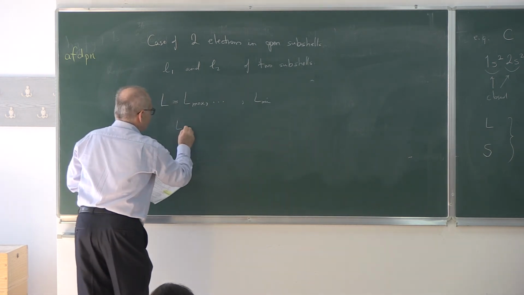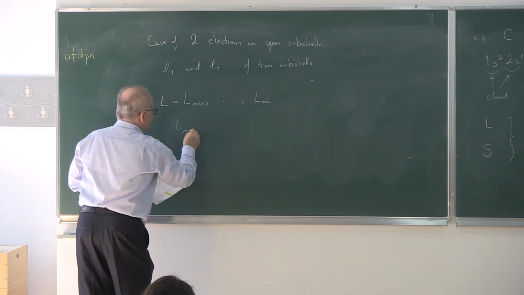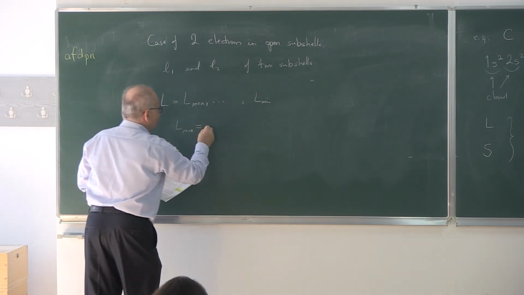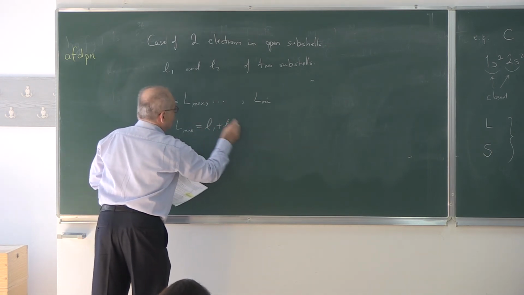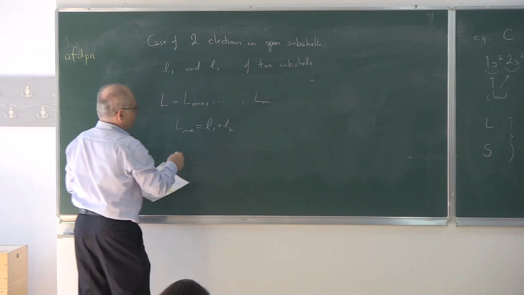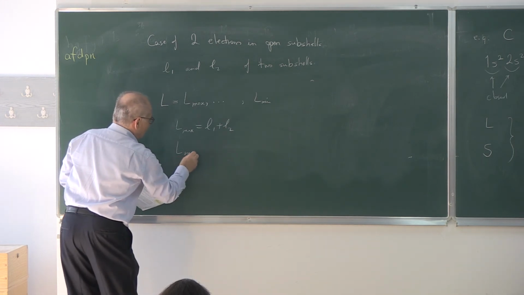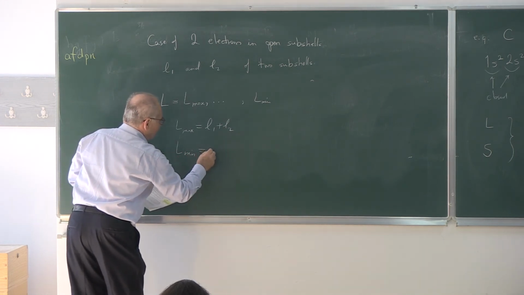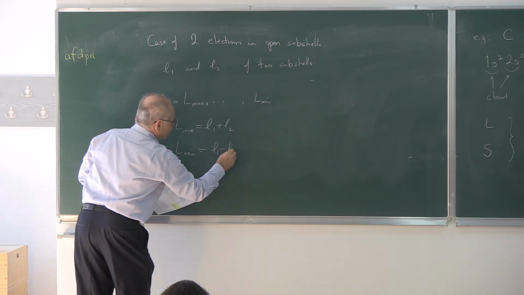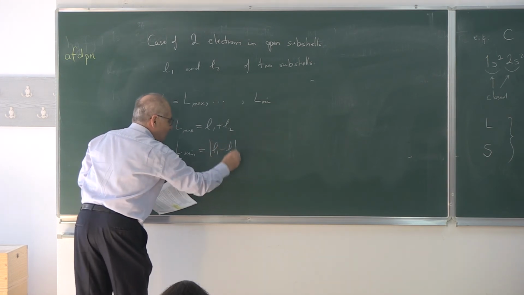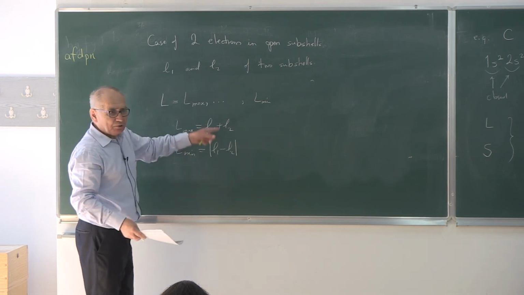Here, maximum value for the total L is simply L1 plus L2, sum of these two. And minimum value is L1 minus L2. But you take it as a positive number, so this is magnitude.